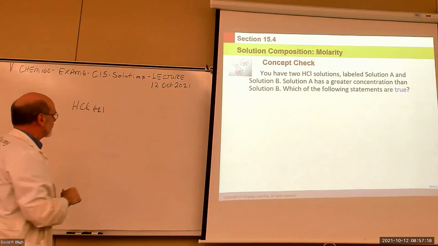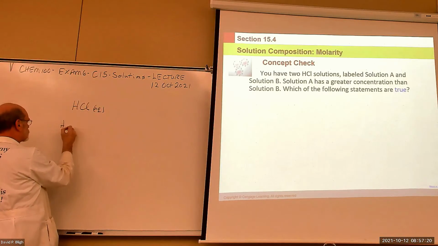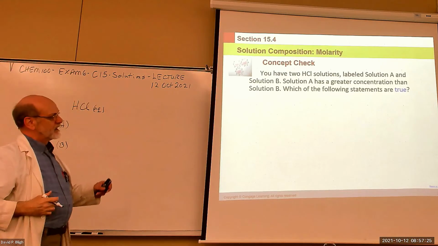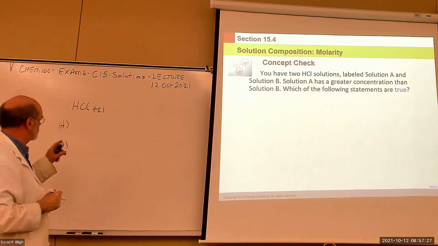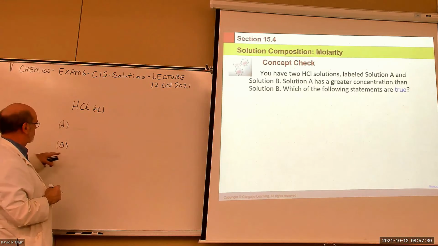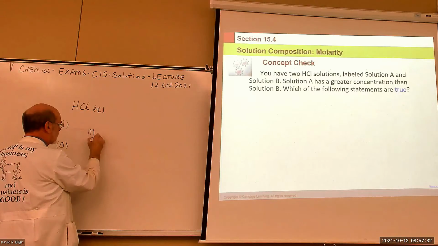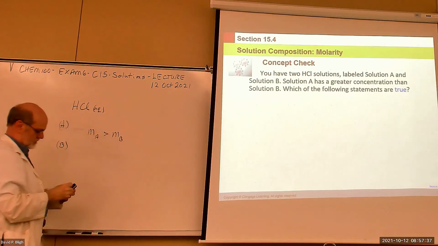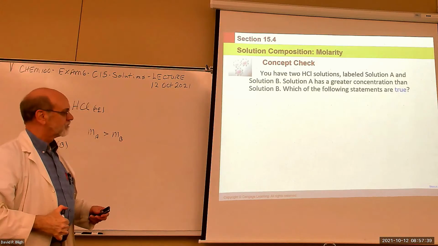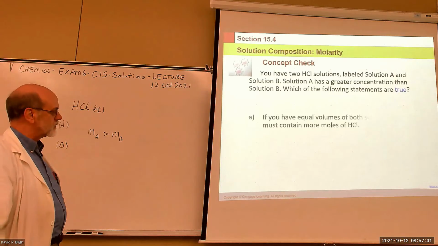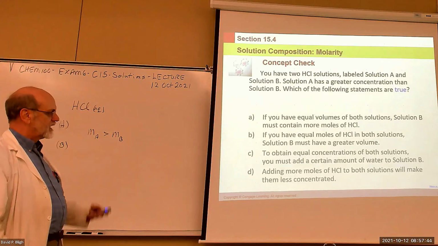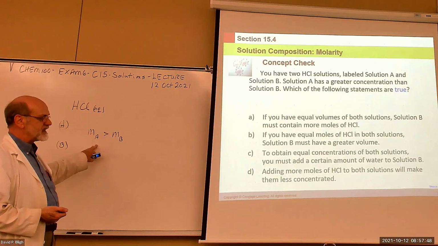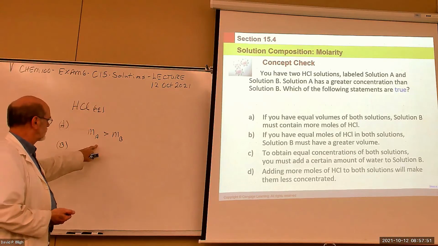Solution A and solution B. Solution A has a greater concentration than B. So the molarity of A is greater than the molarity of B. Which of the following statements is true? If you have equal volumes of both solutions, solution B must contain more moles.